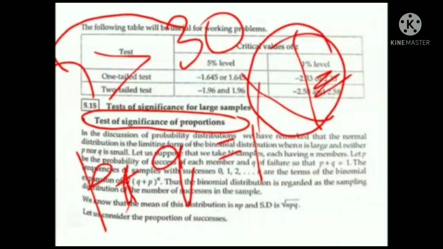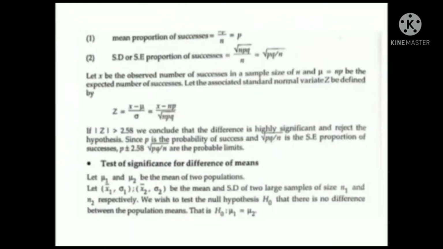Also, let us assume that the standard deviation of the distribution is the square root of NPQ and the mean of the distribution, given by mu, is NP, because for the binomial we know the mean is NP and the standard deviation is the square root of NPQ. Now let us consider the proportion of successes.